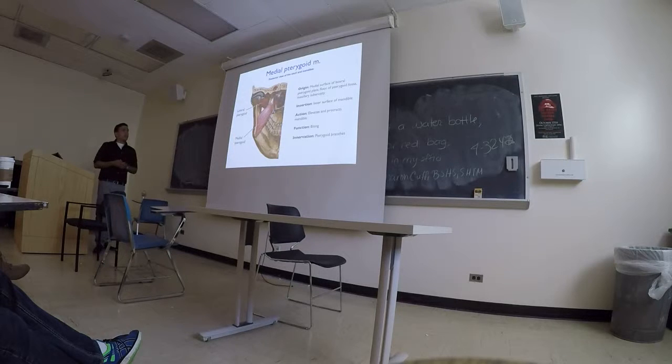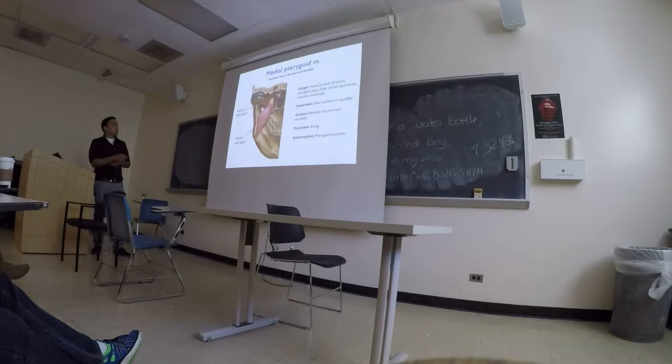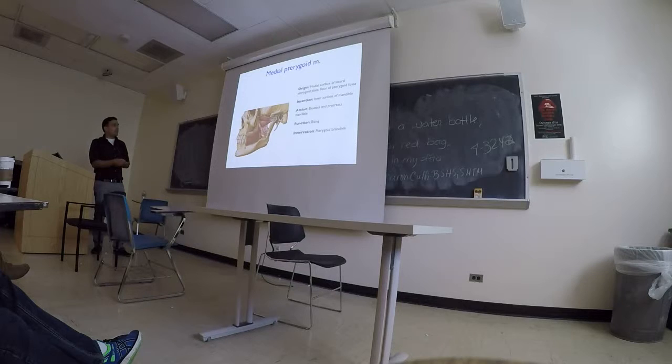Medial pterygoid is sort of very similar in action and orientation to the masseter muscle, but it's located on the medial aspect of the mandible. Okay, let's see if we can find a better picture of that. So here, right here, that's the medial pterygoid. So lateral pterygoid is sort of completely different in this transverse orientation, but going sort of superior-inferiorly is the medial pterygoid, which again is very similar to masseter.